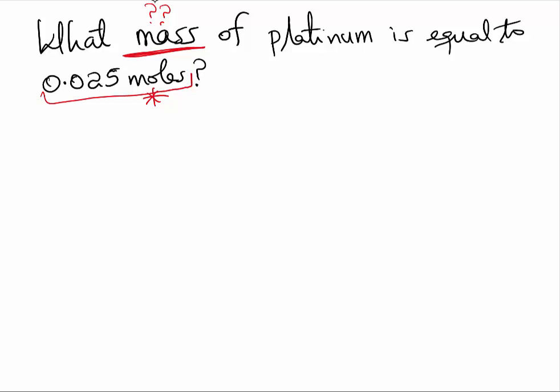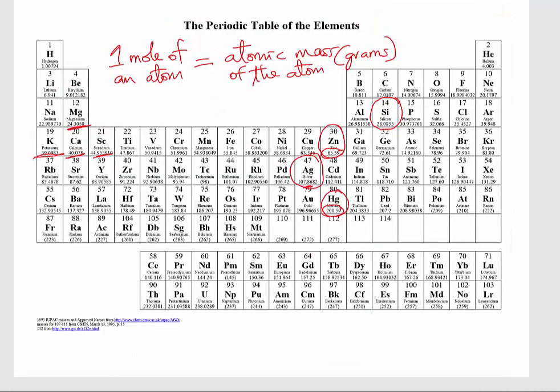And in this question, we are dealing with platinum. That identity can allow us to know the relationship between the mass and the mole. Because for platinum, and we're going to need the periodic table, 1 mole of platinum would have a mass of 195.08 grams approximately.